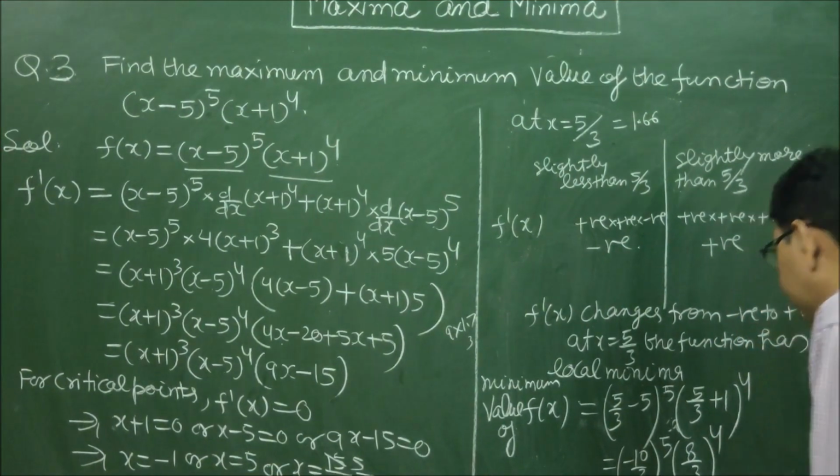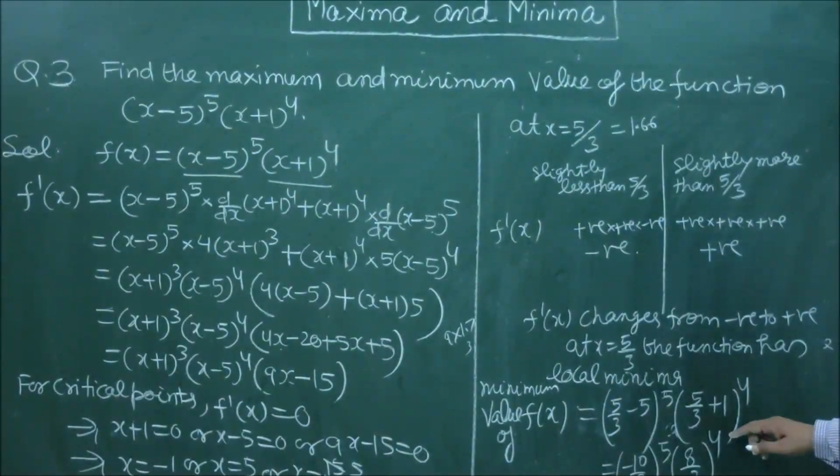This is the minimum value of the function at x is equal to 5 upon 3.